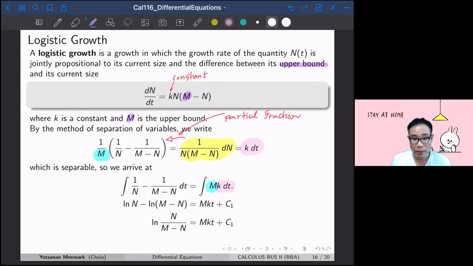So you're just going to integrate both sides. You integrate 1 over N and 1 over (M minus N) dt, and it's going to be log N minus log (M minus N).